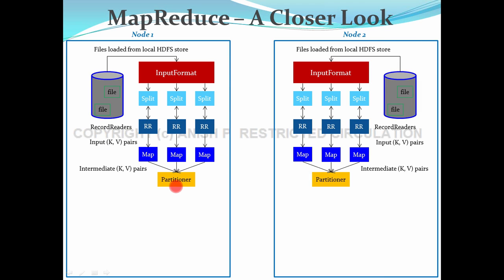The output of all the mappers is going as an input to the partitioner. Your intermediate output, or intermediate key value pair, is given as an input to the partitioner.